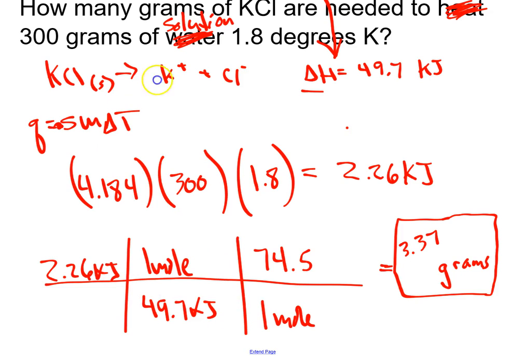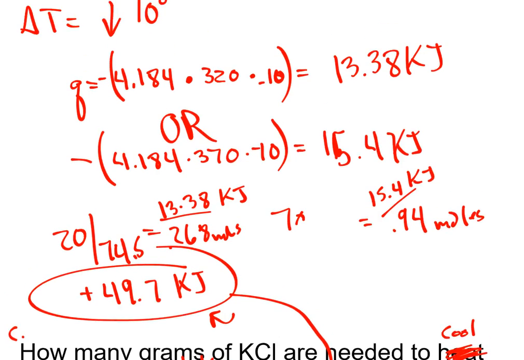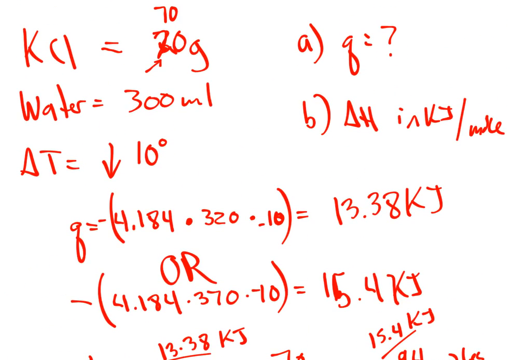So remember, by the way, this is all a series of problems. It will come from an initial experiment that you get data from. And then you use that data to come up with the kilojoules for the reaction, and then you can do a lot of stuff from there.